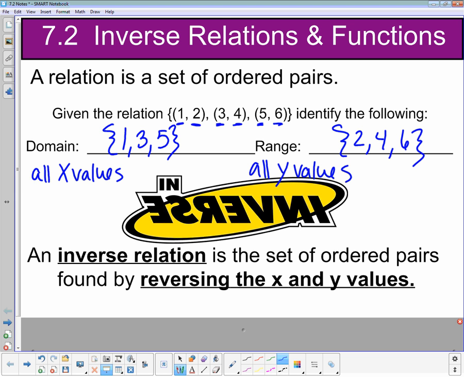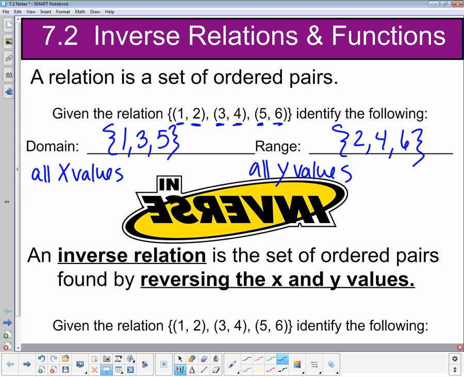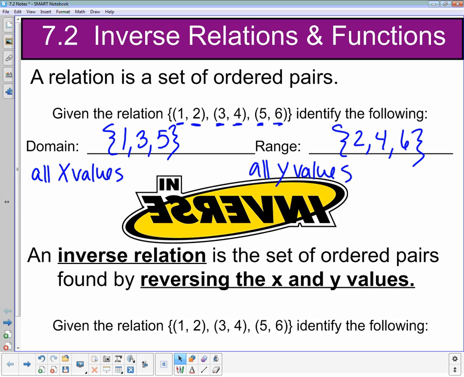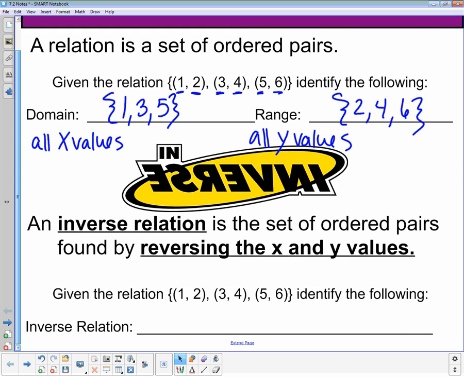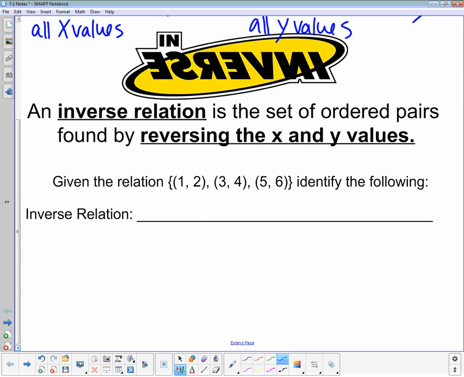So today we'll be talking about inverse relations. An inverse relation is the set of ordered pairs found by reversing the x and y values. Given the relation (1, 2), (3, 4), (5, 6), we're looking for the inverse relation.